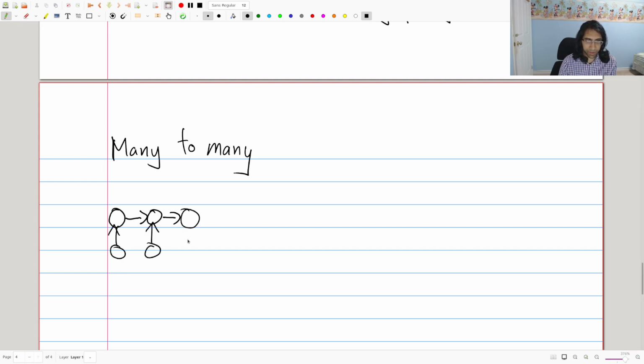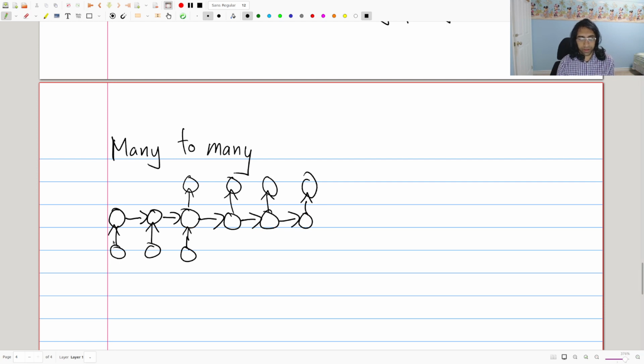You can really put this however you want, but the picture I'm going to draw here is something like this, where it'll take in some input, and then it'll start producing output. So you can see it takes some input and some variable length output.